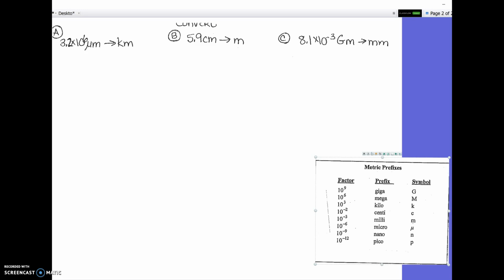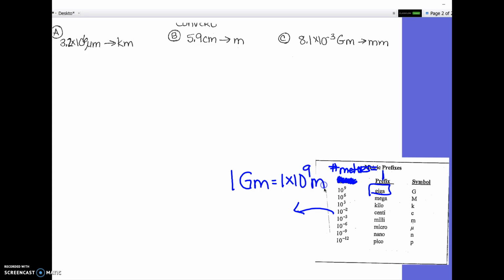So you need to understand what information you're being given here. So the factor, I'm actually going to scratch out factor. This is the number of meters is equal to 1 of whatever the prefix is. In other words, let's say I want the conversion to go for gigameters. 1 gigameter here, one of these, is equal to 1 times 10 to the 9th meters.